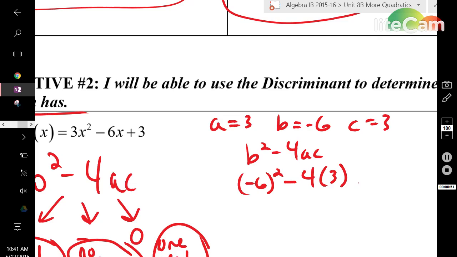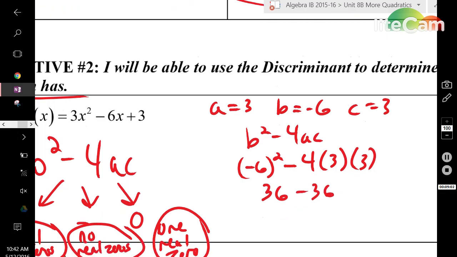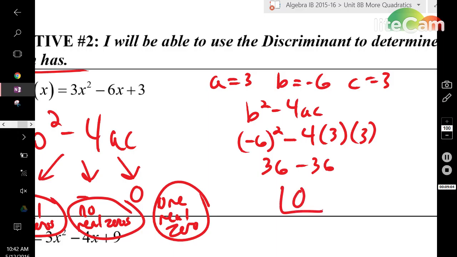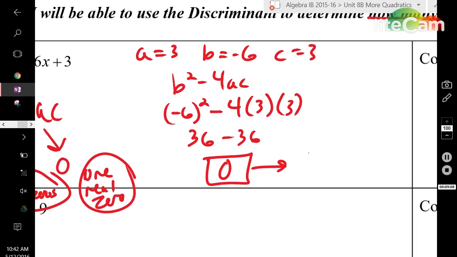Minus 4 times a, which is 3, times c, which is 3 as well. So we have 36 minus 4 times 3 times 3. That's going to be 36 as well. 36 minus 36 is 0. Your discriminant is 0. Therefore, there is just 1 real zero.